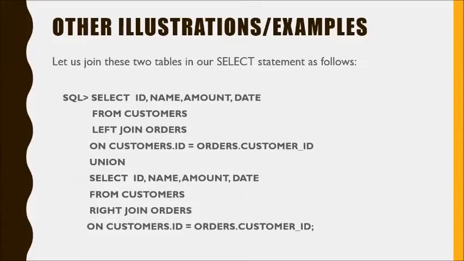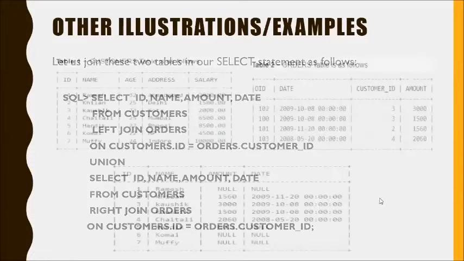Select ID, name, amount, date from customers left join orders on customers.id is equal to orders.customer underscore ID. Union, select ID, name, amount, date from customers right join orders on customers.id is equal to orders.customer underscore ID.